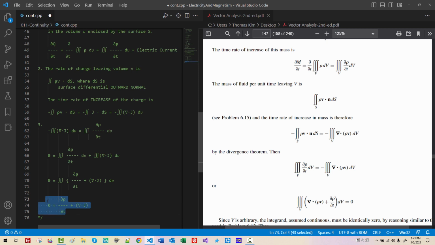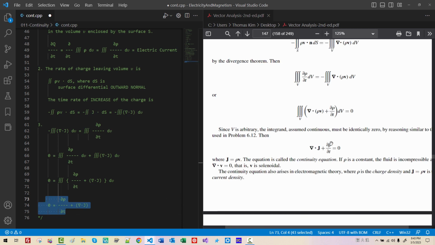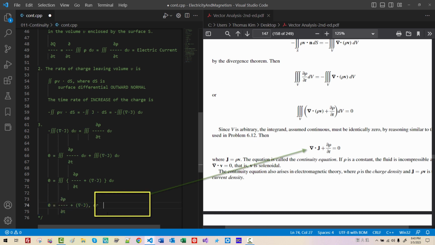This result is our continuity equation, or we can say divergence of J plus ∂ρ over ∂t equals 0.